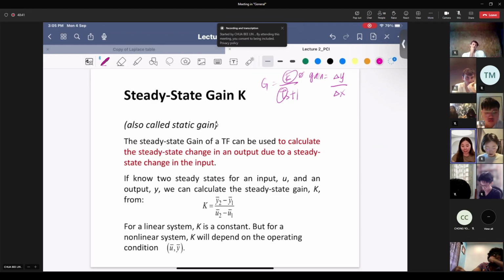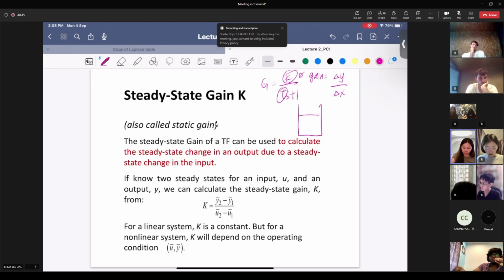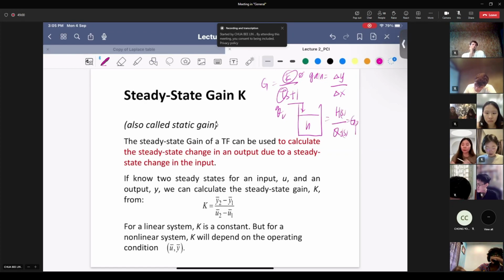For example, just now we're using the tank, the H, and then the input is the inlet flow rate. So in this case, when I change to transfer function, I'll be using H(s) over Q_i(s) as my G_p. So the transfer function will be using the uppercase level H over the input Q_i(s).